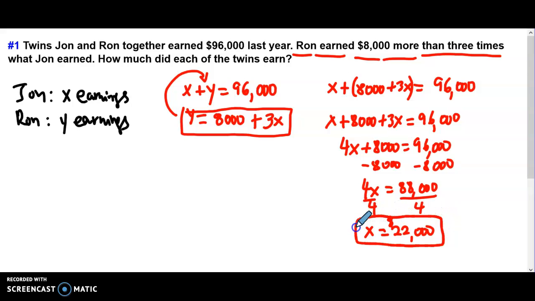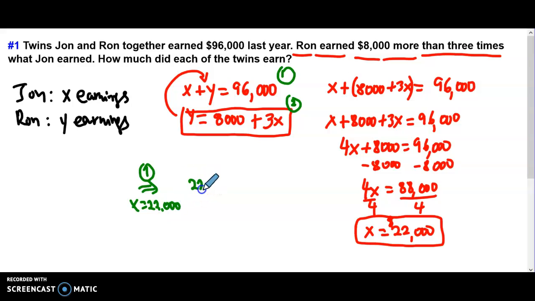So remember, we have already defined our variables, so that makes it easy. We got that John made 22,000 last year, and I can take this back to whichever equation, the first or the second, and solve for Ron. Maybe the first one would be easier. So in the first one, let me put in that X equals 22,000.